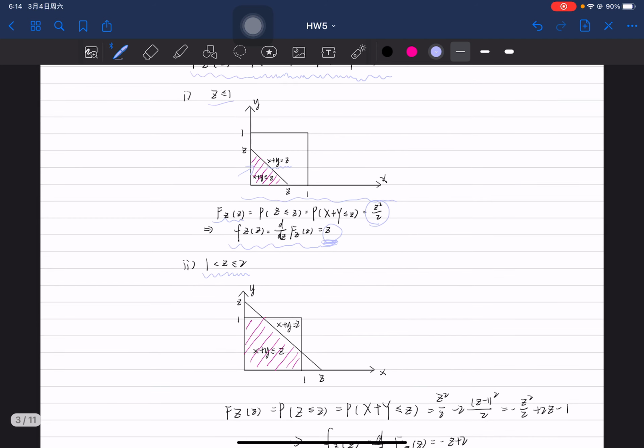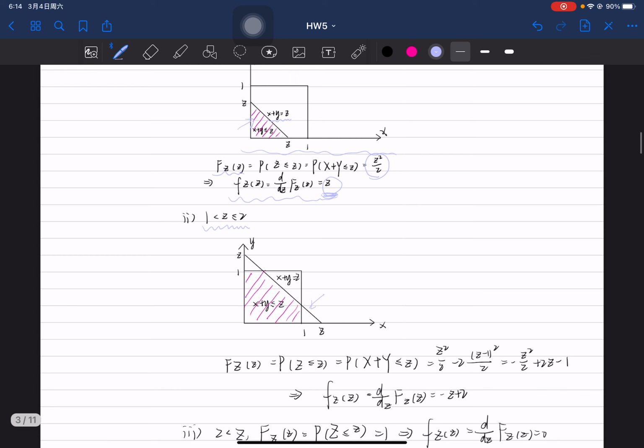For the second condition, z should be larger than 1 and smaller than or equal to 2, and we can draw this line here, and we could find that the cumulative distribution function still equals the area of this pink region, so that we can calculate the cumulative distribution function of Z, which should equal this equation.